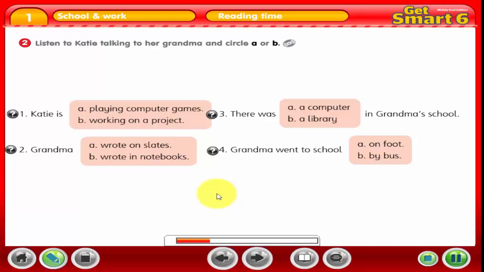Are you playing computer games again, Katie? No, I'm working on a project for school, Grandma. I'm trying to find information on the internet about rainforests. When I was a student, we didn't have computers. Oh, I know. You wrote on slates too, didn't you? Slates? I'm not that old, dear. 50 years ago, we had notebooks and books.